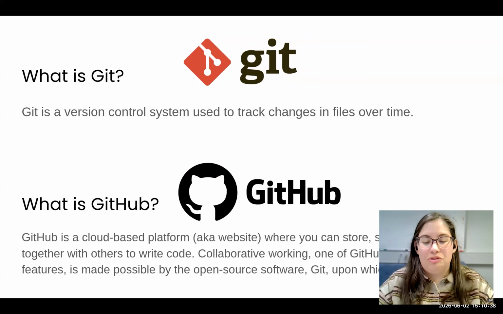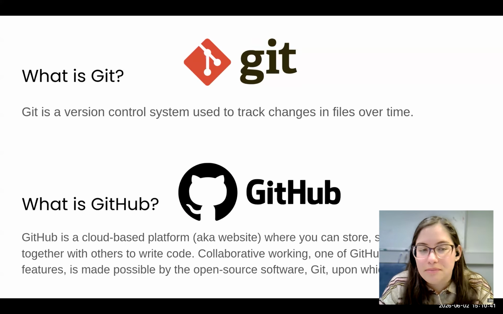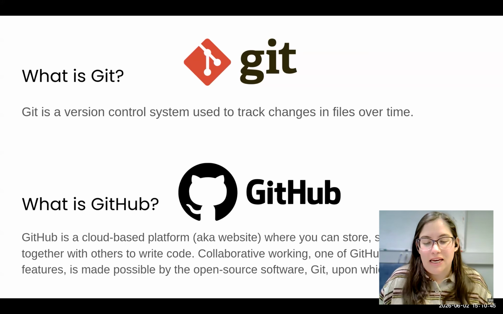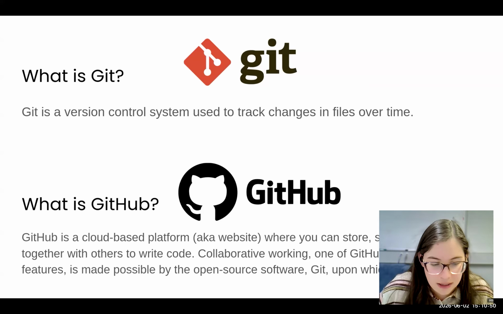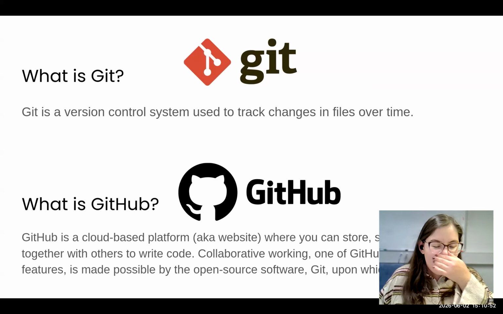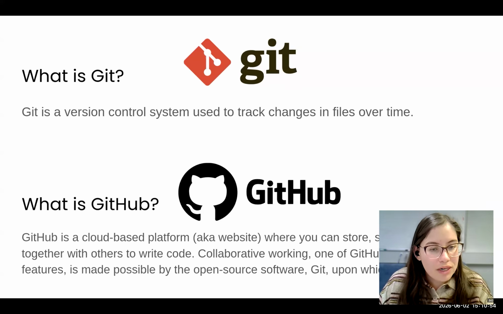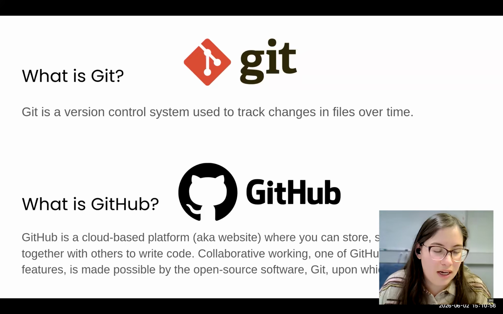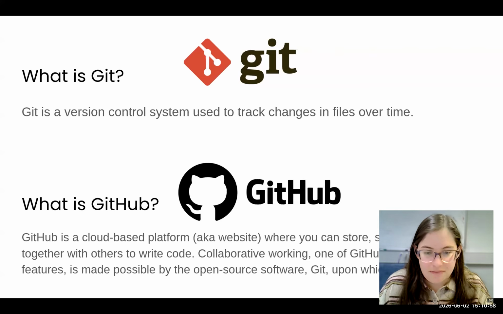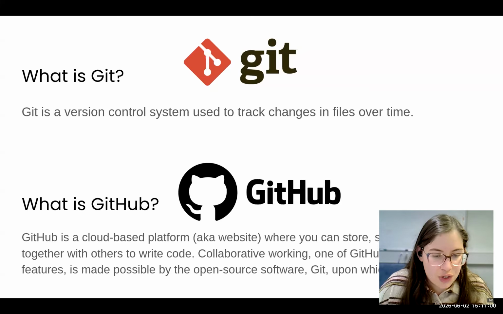We are going also to use GitHub, and this is a cloud-based platform, a website, where you can store, share, and collaborate with others, writing code, but also text and in general research.